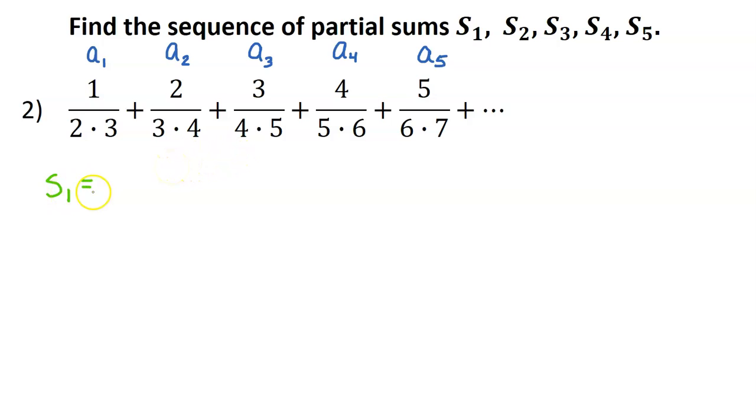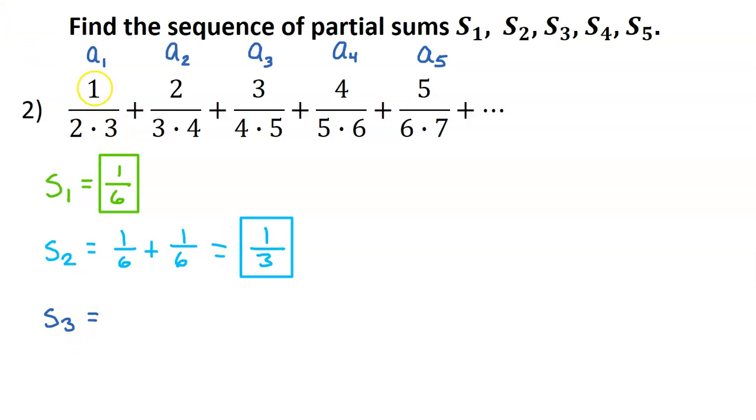I already mentioned that S1 is just going to be the first term. So that is 1 over 6. S2 is the sum of term 1 and term 2. So that's 1/6 plus 2 over 12, but that reduces down to 1 over 6. And this gives us 2 over 6, which reduces to 1/3.